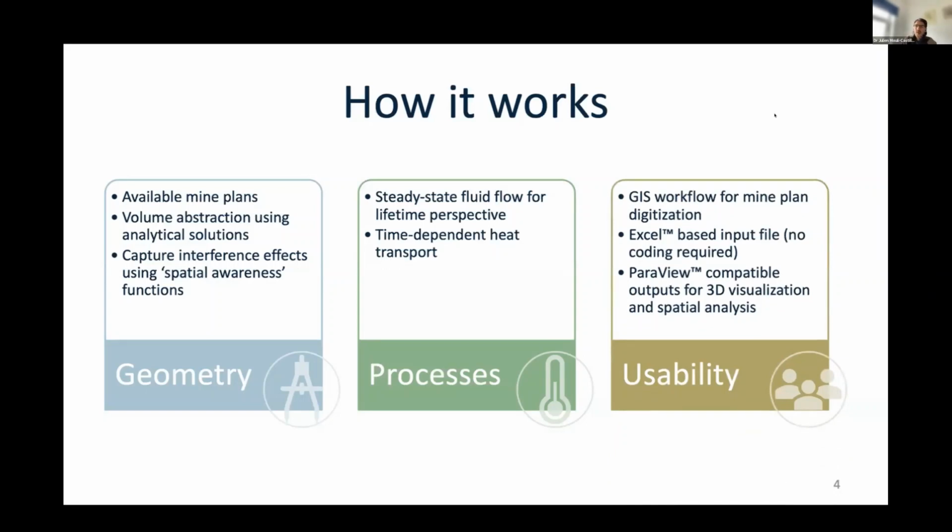We also put quite a lot of time into looking at usability, which is quite challenging to do when you're not from a computer science background. But nonetheless, we've developed a workflow that allows the digitization to be done in ArcGIS.